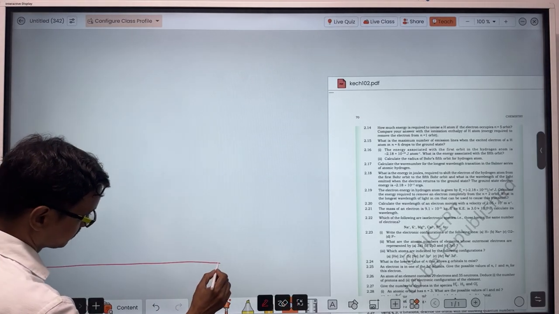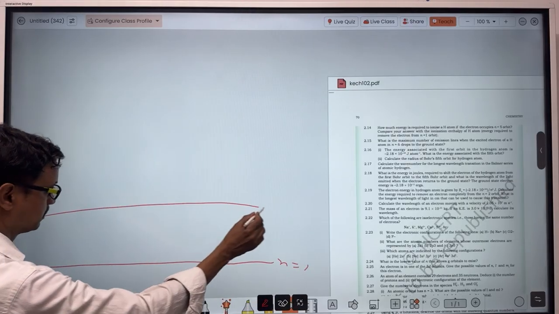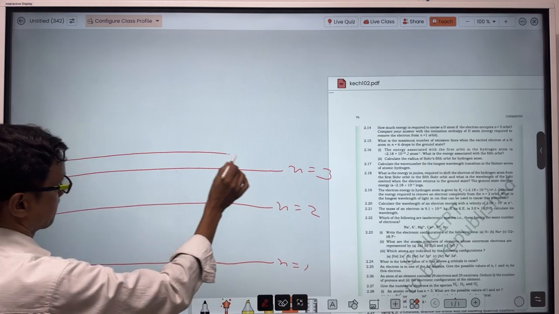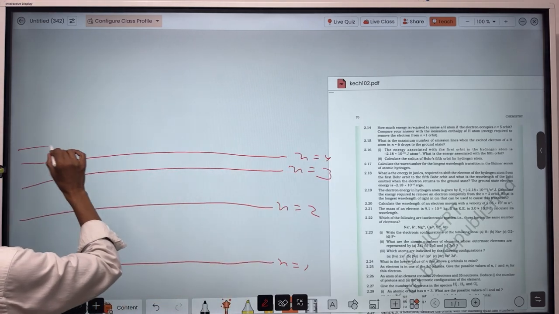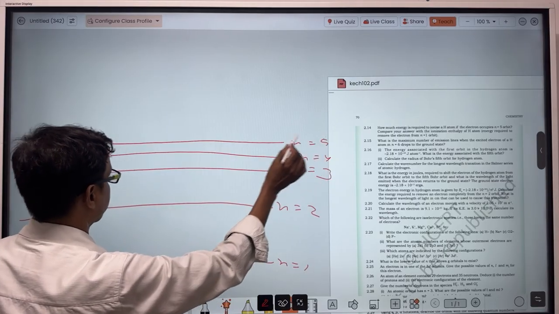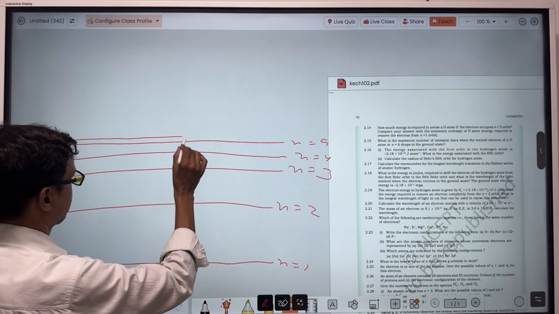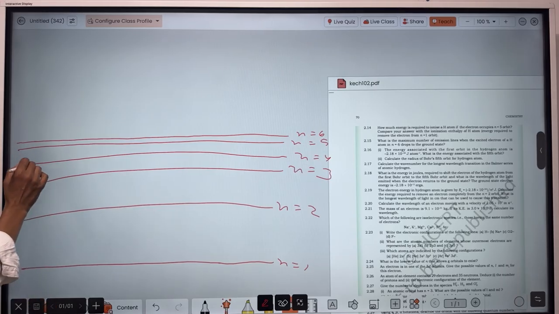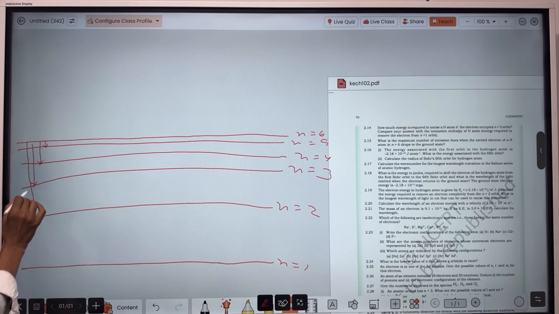So n equal to 1, n equal to 2, and so on. The electron can jump from n equal to 6 to n equal to 5, the same electron can jump from n equal to 6 to n equal to 4, n equal to 6 to n equal to 3, n equal to 6 to n equal to 2, n equal to 6 to n equal to 1.